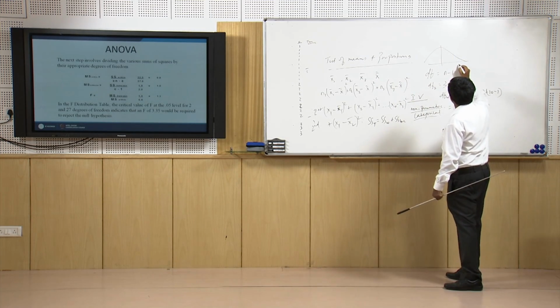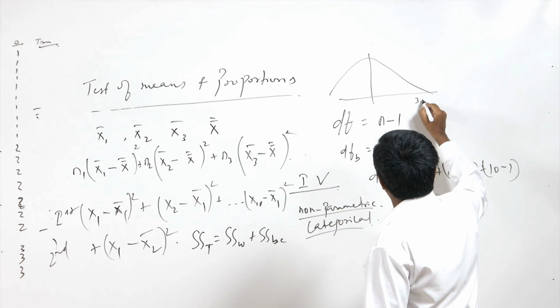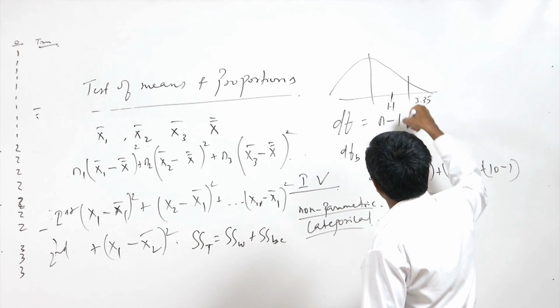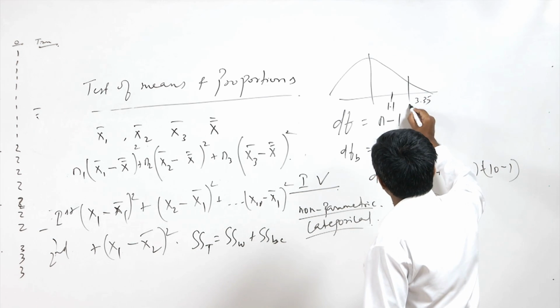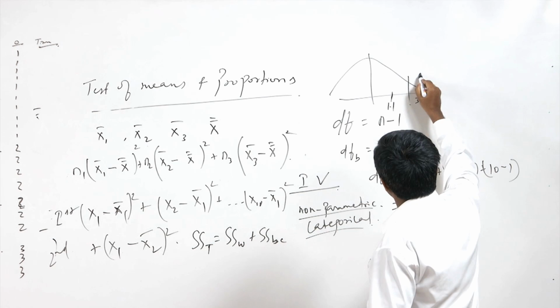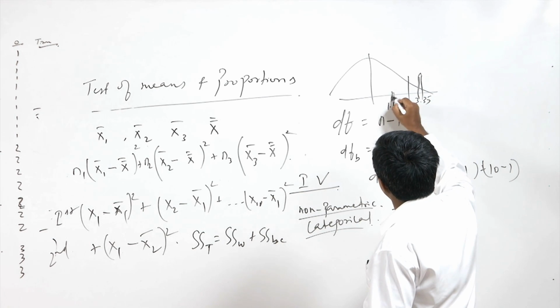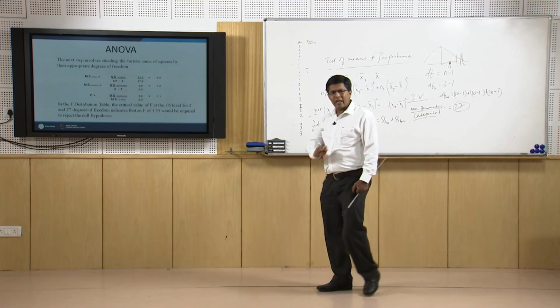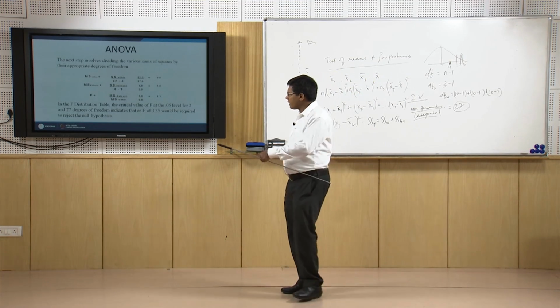It is coming 3.35, and ours is coming 1.1. It is well within the boundary, so you cannot reject the null hypothesis in this case.